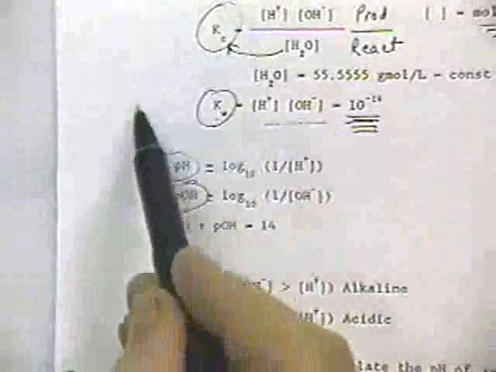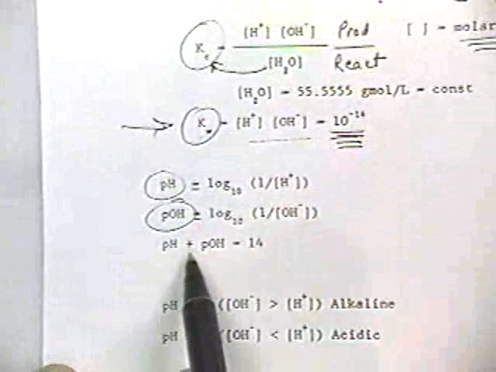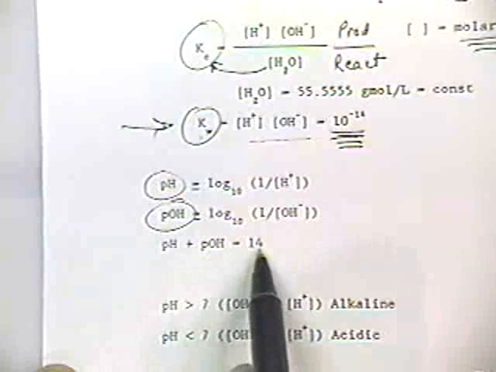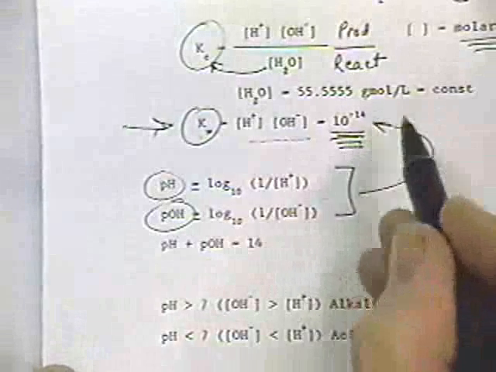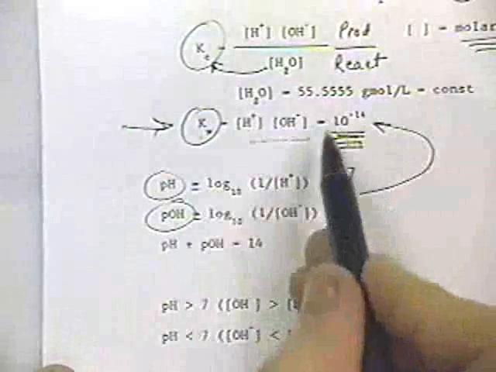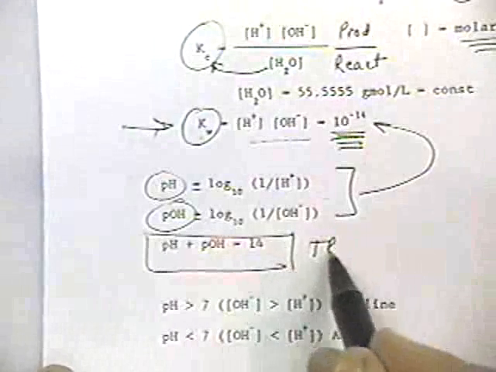So based on this relationship, which is given by thermodynamics, the pH plus the pOH always has to be equal to 14. Once you define these and you've made this measurement right here, then this must be true.